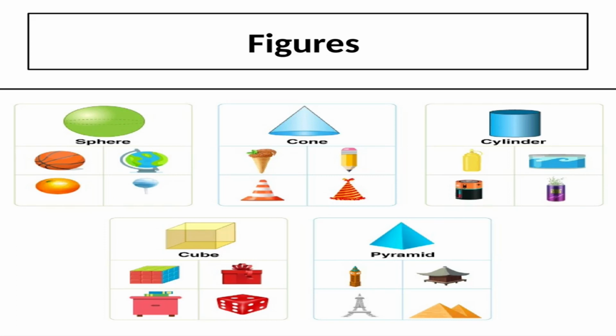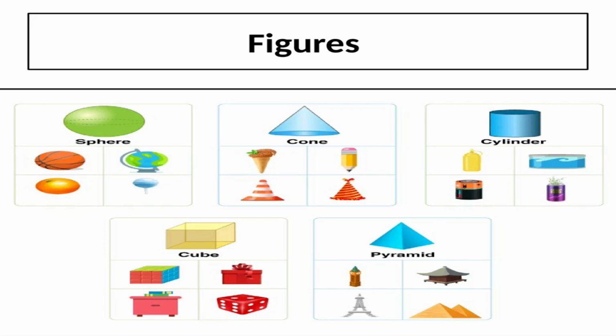Your body is also a kind of figure. Your book, your pen, your copies, your TV, your mobile, your laptop, all are kinds of figures which we deal with in mensuration. We learn how to measure different things of these figures.